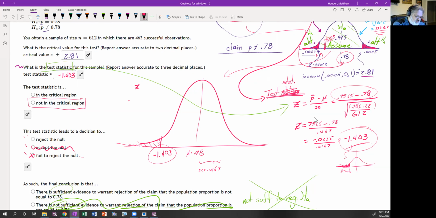So your z of negative 1.40, because that's as far as the table goes. That area is a p-value. So it would have been one more step, but it's a step that we have set up.